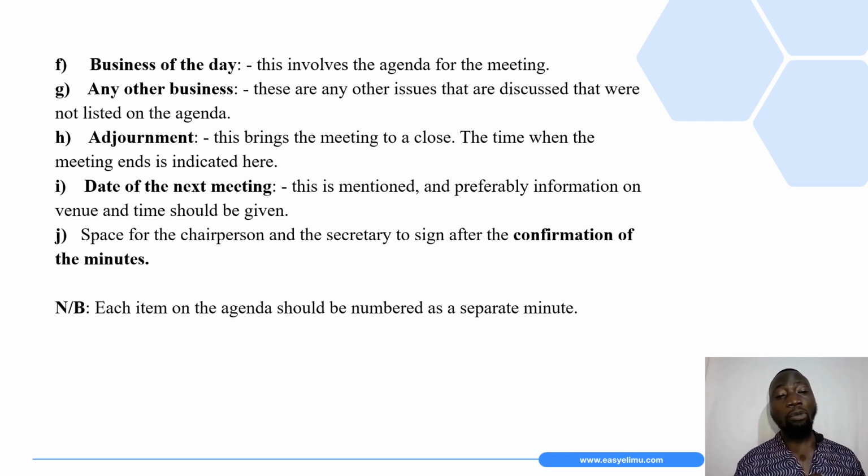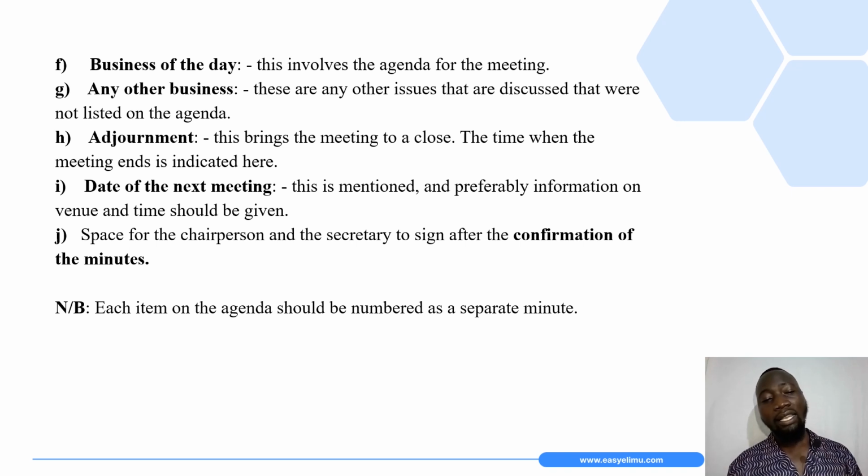So under adjournment, this brings the meeting to a close. So some of the things that we have under adjournment is the time and the place where the next meeting will be held. So under adjournment, there is the date and time of the next meeting.